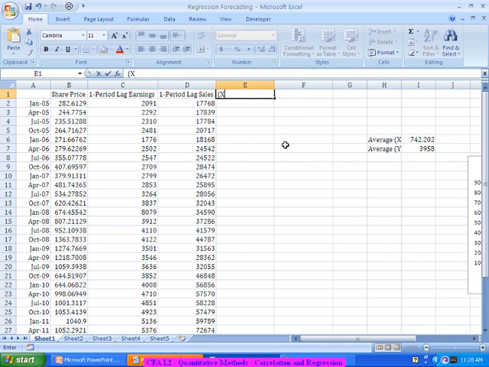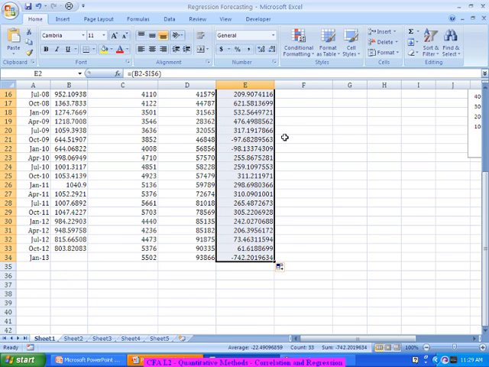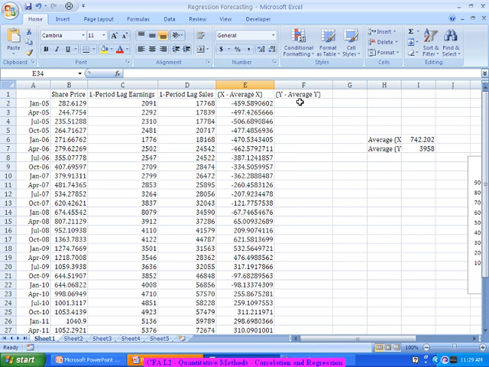So going with it, x minus average of x, then I am taking y minus average of y. So here every element of x minus the average of x. This is what I do. Alright. So I am doing it for every element of x, with respect to the average of x.